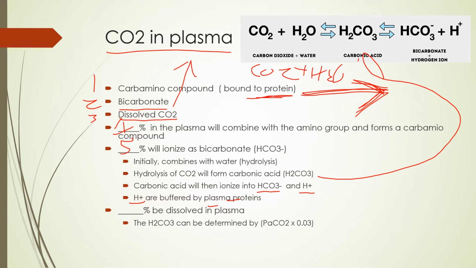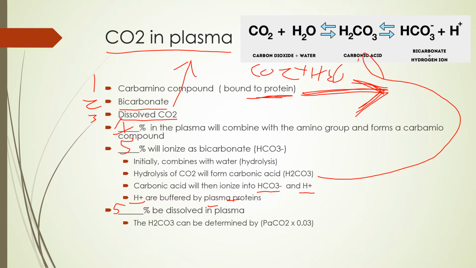It's not changing like we see with the carbonic acid equation. And so the percent we're looking at here is 5% as well. So we have 1%, 5%, and then 5% as well. So still we have about 11% total CO2 that gets transferred to the lungs in the plasma.